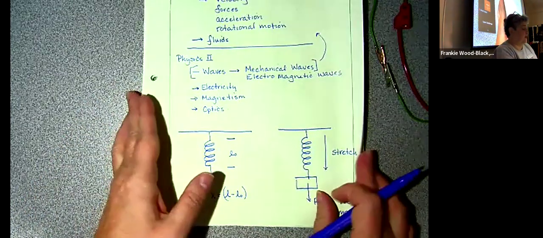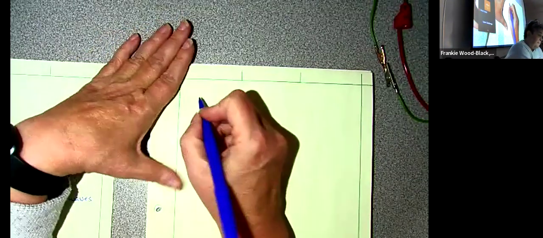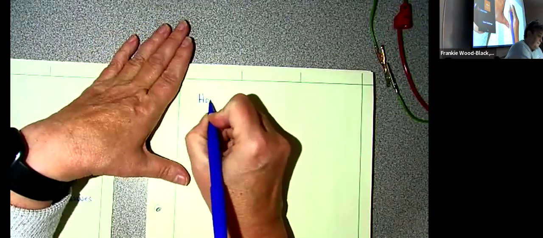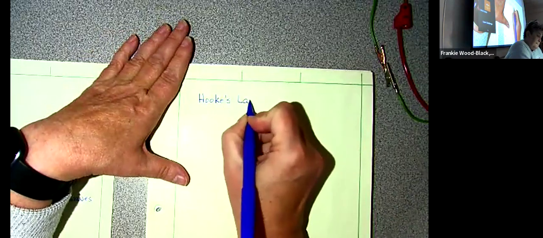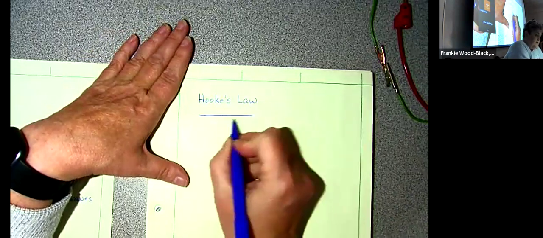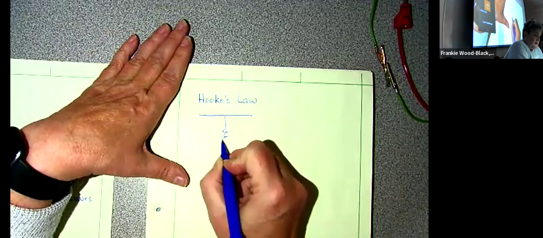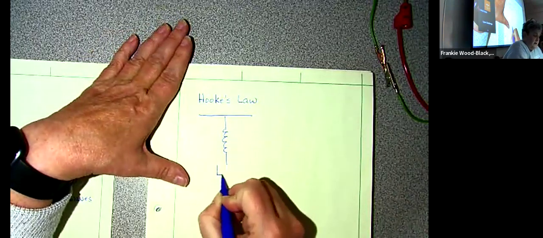And then we had something that we called Hooke's law. And Hooke's law gave us something that looked like this. We have our spring.